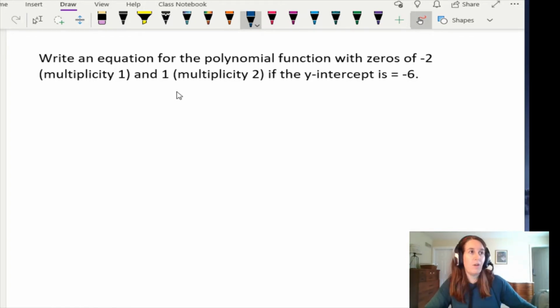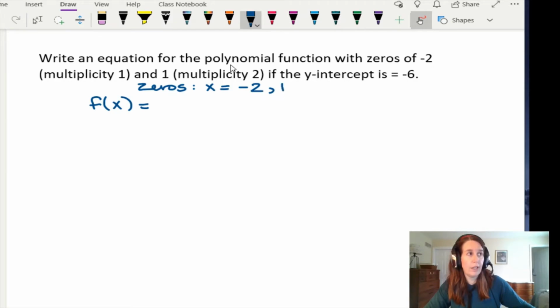So first of all, we know that it's going to be a polynomial function. So let's call it f of x. Okay. And then if we have a 0 of -2, that's multiplicity is 1. What that means is the zeros are at x is equal to -2 and x is equal to 1, right? -2 and the other 0 is 1.